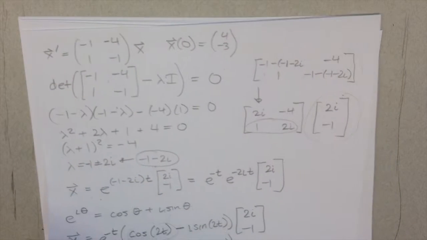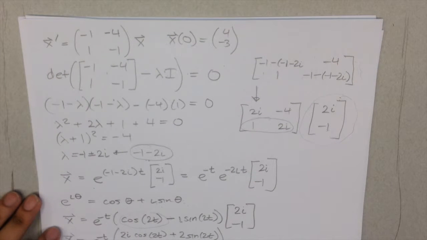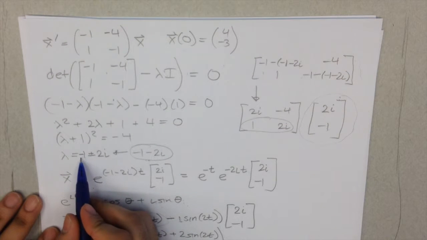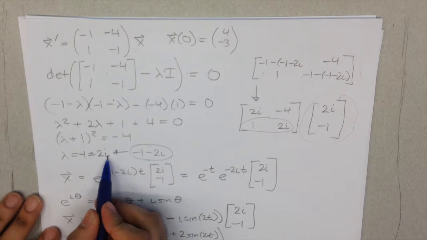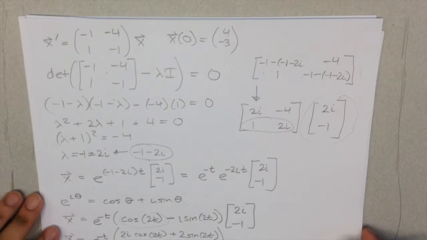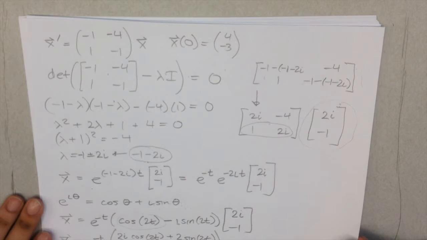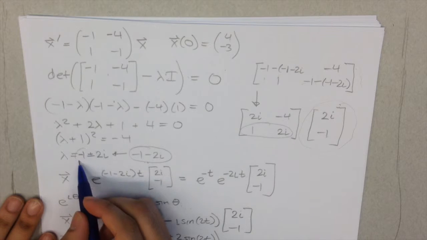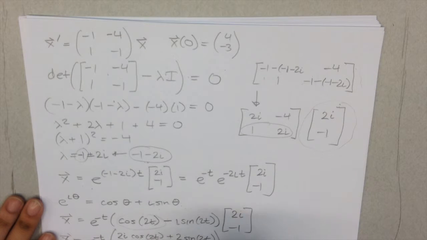Now you might ask, how do we actually figure out how to graph this? First of all, we need to review what the eigenvalue actually was. As you can see, our eigenvalues were negative 1 plus or minus 2i. The real part tells you if it's stable or unstable. So let me rewrite this on a separate sheet of paper.